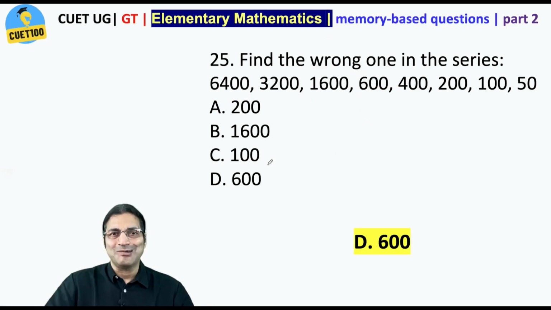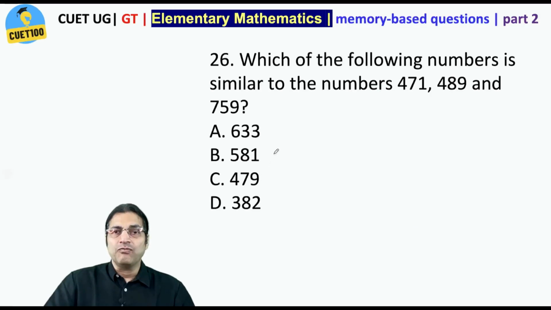Which of the following numbers is similar to the numbers 471, 489 and 759? Well, this is a slightly tricky question, right? So, pause the video and try to do it yourself first. 471: 4 plus 7, 11 plus 1, 12. So, sum of the digits is 12 in the first step.